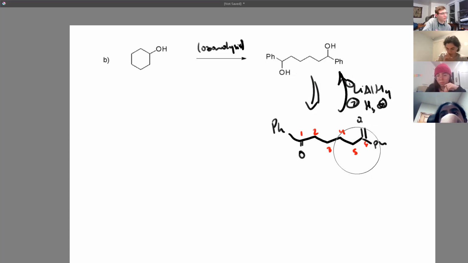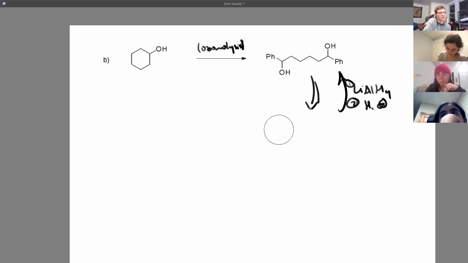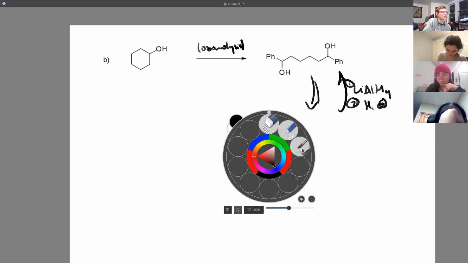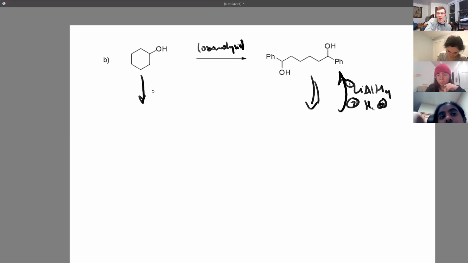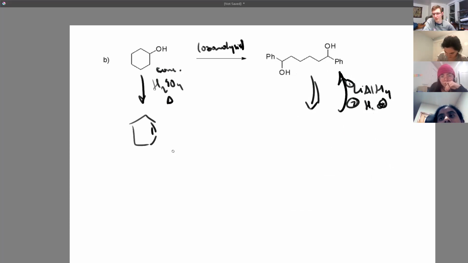So instead, if we know that we're going to do ozonolysis at some point, why don't we add the phenyls on later? So we'll skip that, and instead we'll go on this end. We want to do ozonolysis, so we want a double bond, and this is old news. So we use concentrated sulfuric acid and heat, and then we could repeat what we just said, and we do ozonolysis.